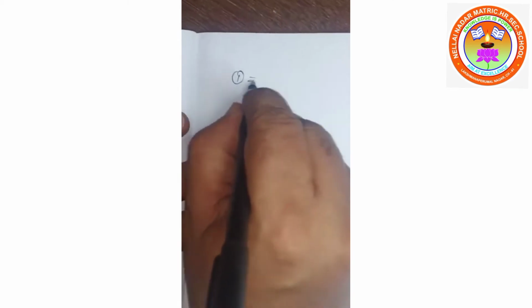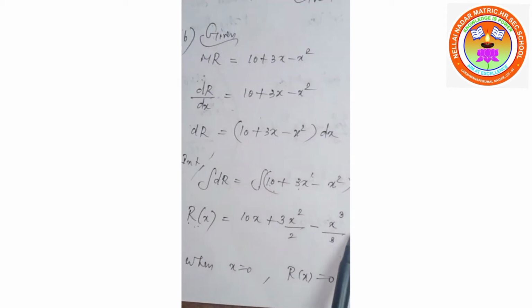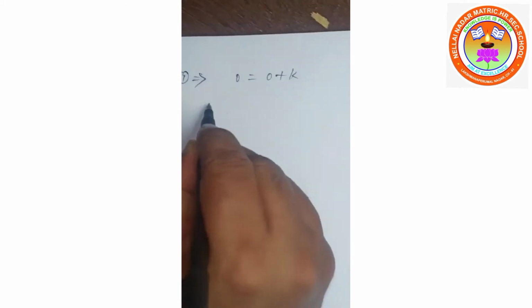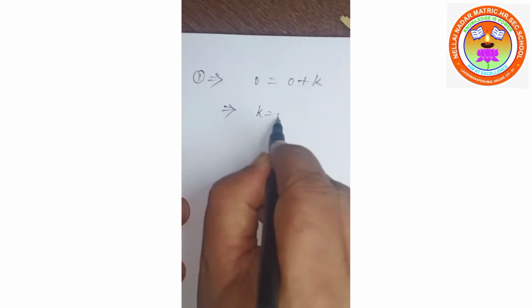Substitute in equation number 1. So r of x equal to 0. 0 equals 10 into 0, 0. If we replace x by 0, we will be getting 0 here. Here also 0. So altogether 0. So 0 equals 0 plus k, which implies k equals 0.